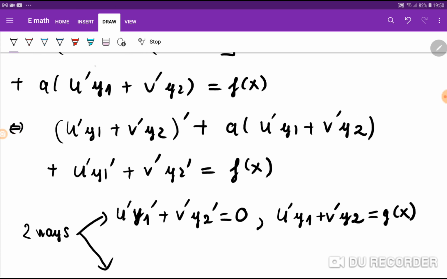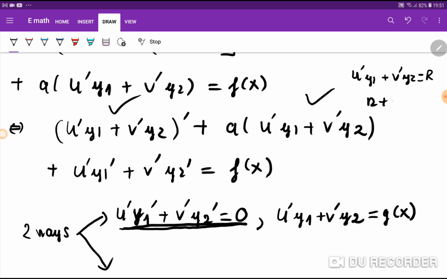Because if you set this term equals 0, this term right here in black equals 0, you only have the rest: this dude plus this dude equal to fx, and you can set u prime y1 plus v prime y2 equal r. It becomes r prime plus ra equal fx. You can solve for r, I guess, and r I believe is a function of x.